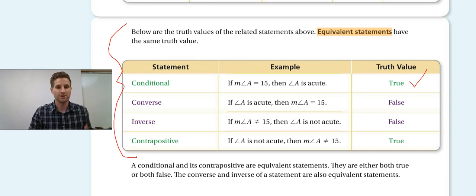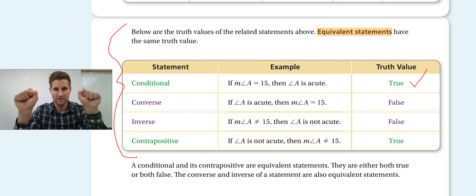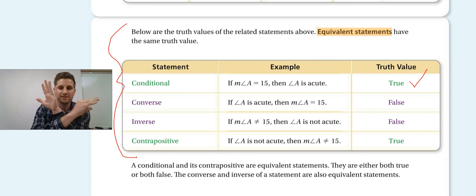Because 15 is acute. The converse flips them and says if acute, then it's 15. Well, that's not true because an acute angle could also be 14 degrees or 89 degrees or 10 degrees, as long as it's less than 90. So this would not be a true statement.